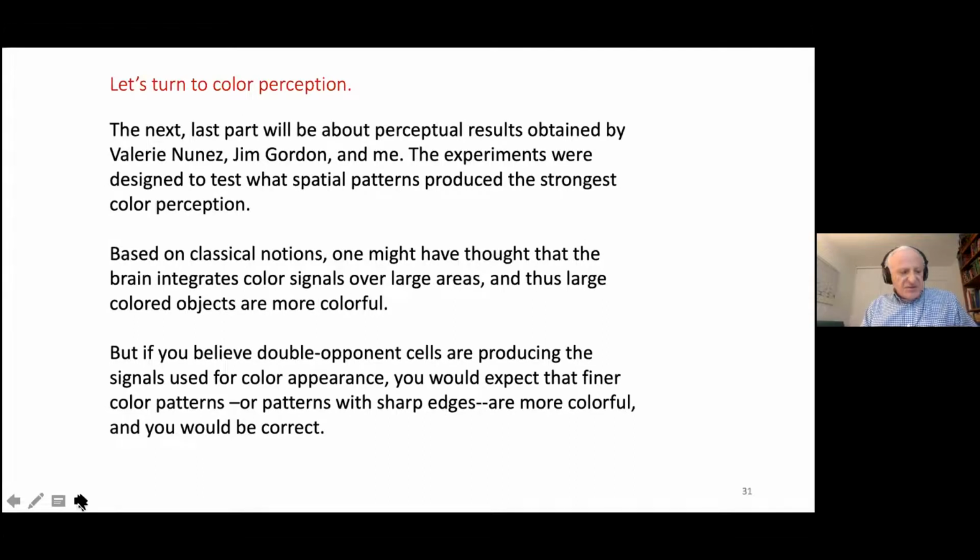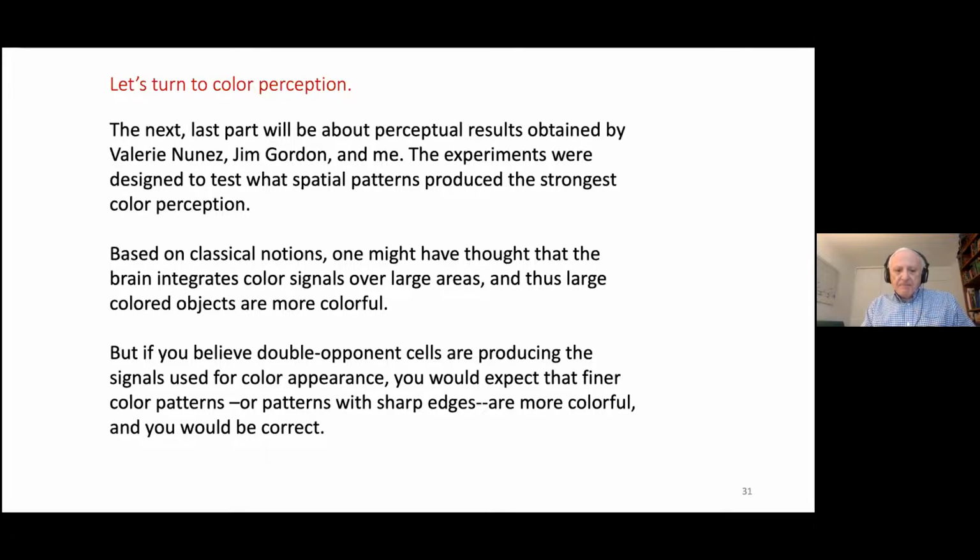So the last part, I just want to have a few minutes to talk about the perceptual results. They're more recent, but in a sense, this is what puts some perceptual meat on the claim that I make that the double opponent cells are most important for color.